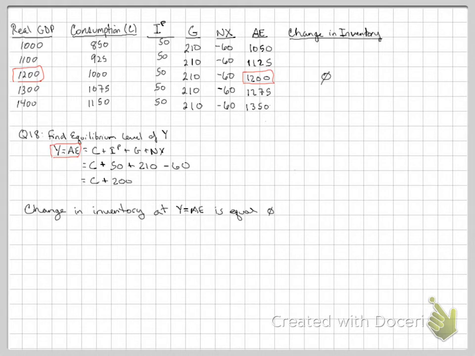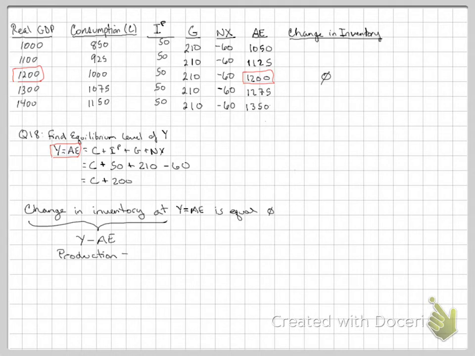Now, if we think about what the change in inventory is, it's the amount that firms need to either compensate or produce too much of when they're not in equilibrium. So our change in inventory, we can define this more directly as Y minus aggregate expenditures. So this would be telling us that we have a certain amount of production.